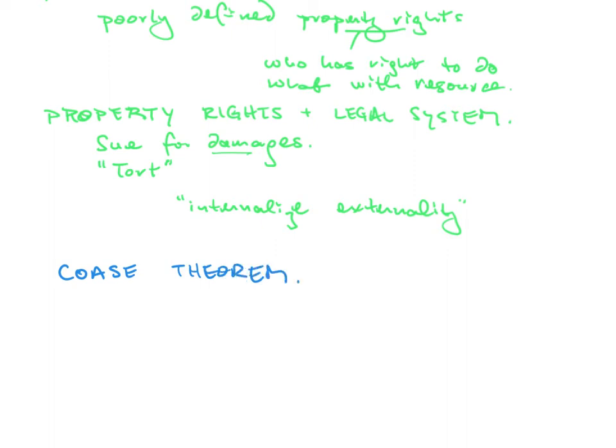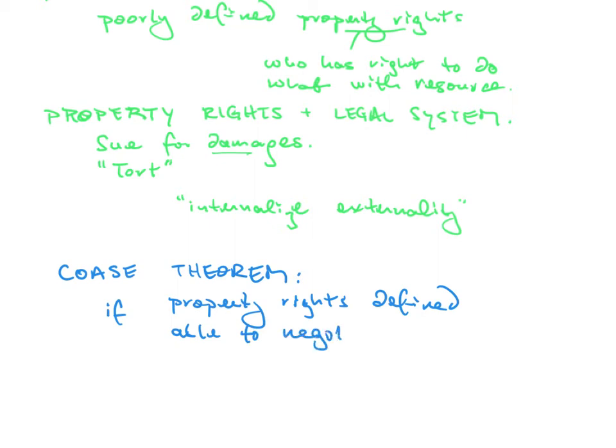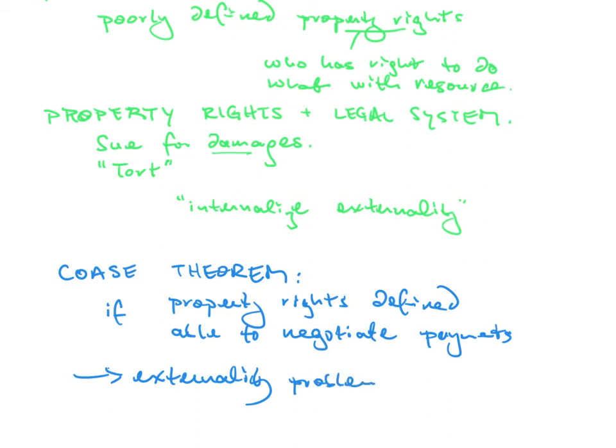The Coase theorem is essentially the idea that if two things are true, if property rights are defined and if people are able to negotiate payments, then the externality problem is solved. The externality problem will be solved.